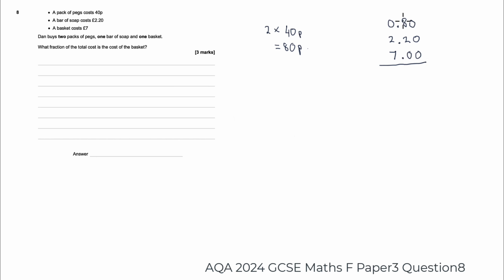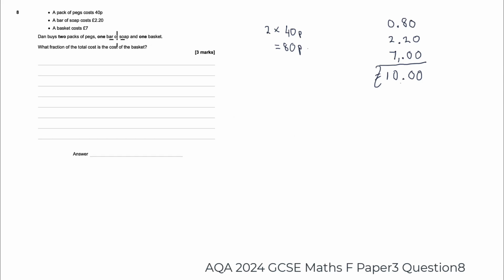So remember, you do have a calculator, so if you're challenged with this, you can do it on your calculator. Let's look at the pence. 80 pence plus 20 pence, well, that's £1. 7 and 1's 8 and 2's 10. So the whole cost of the items that is bought is £10.